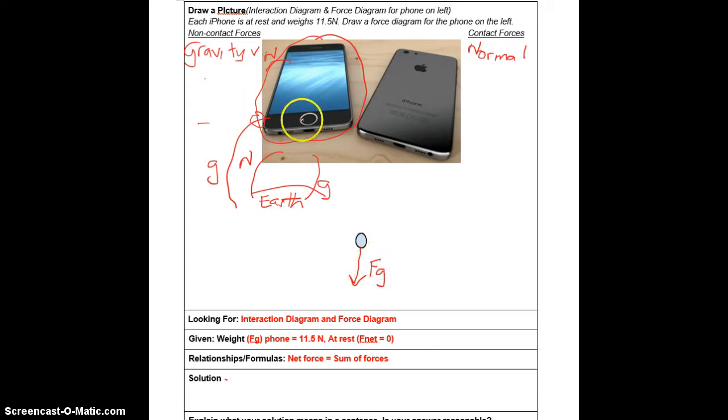And I come around here and I have a normal force between the table and the phone. I know that the table is pushing up on the phone, and that's a normal force. Sorry for the poor penmanship. The other thing is I know that my force of gravity that was given to me is 11.5 newtons.